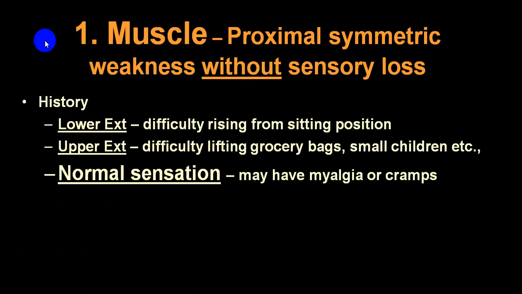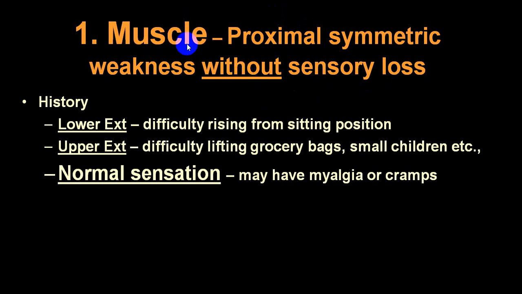So we are starting first with muscle. Whenever a person has a pure muscle involvement, without involvement of other parts, that is cortex, subcortical region, spinal cord, cranial nerves, peripheral nerves, motor roots, etc., or even myoneural junction, what we have to find out is whether it is proximal, symmetrical or not.